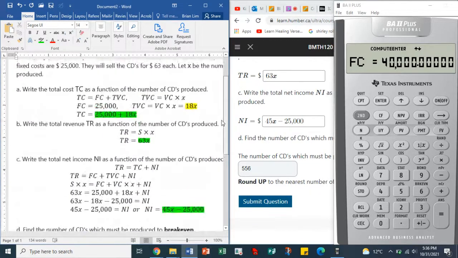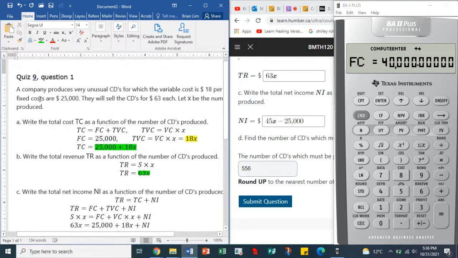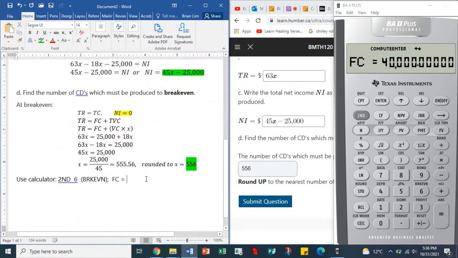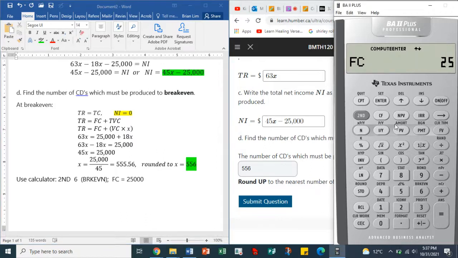That's what we were using way up at the top here. So that number we would put in as 25,000. Okay, and that's our fixed cost.